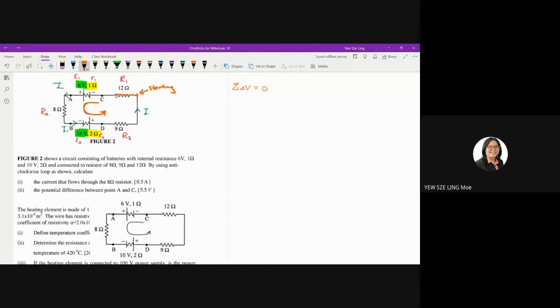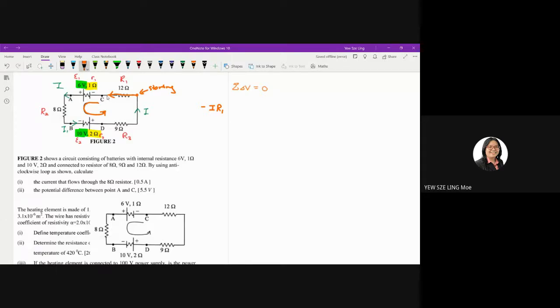As I pass through R1, my traveling direction and the current are both pointing towards the same direction. So negative IR1.